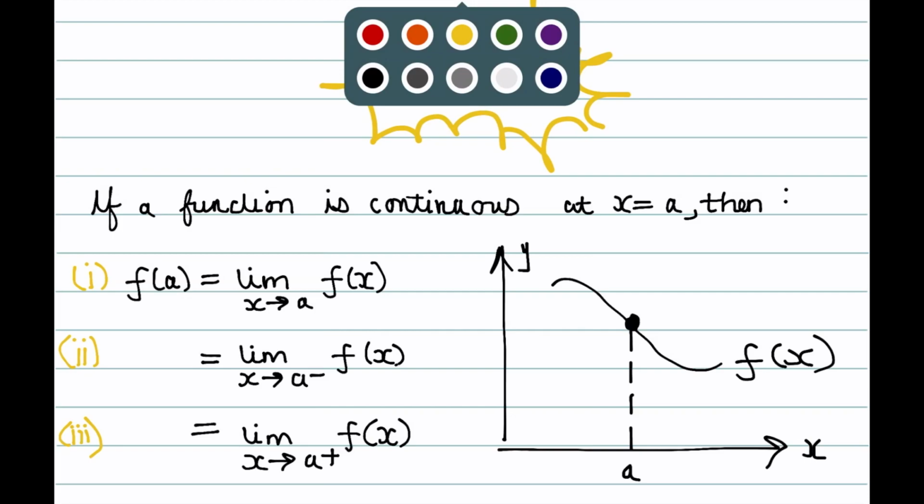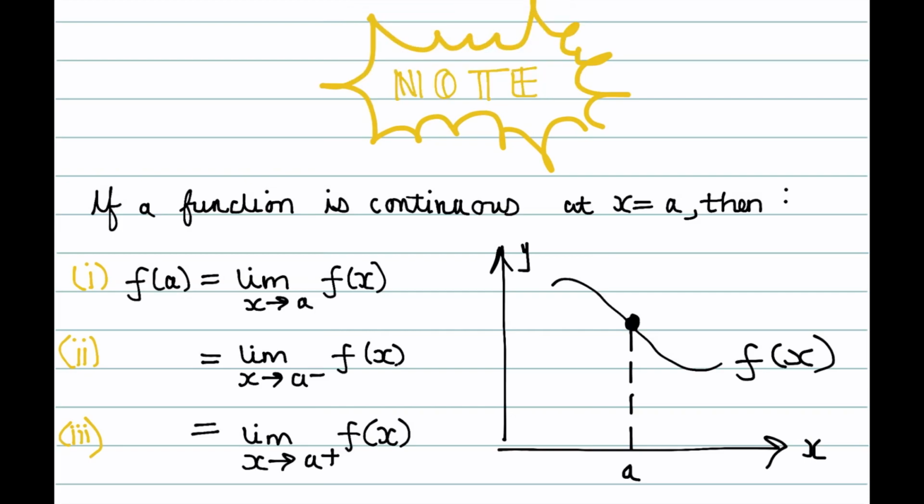And if we look at that graphically, on the right-hand side here, we'll see that this function value of f of x in yellow is equal to the same value as x approaches a from the negative side, and the same as x approaches a from the positive side, and in turn the same value as the full limit as x approaches a.